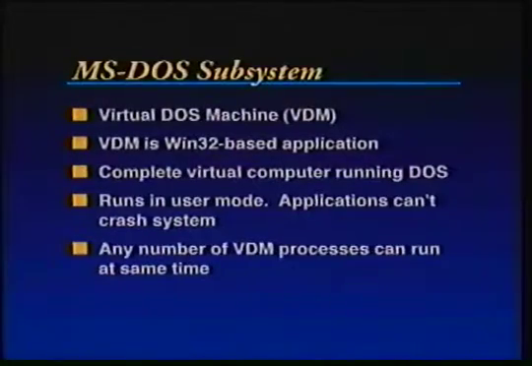Applications are running in user mode, which means that even though the DOS application itself may think that it's going out and physically accessing physical hardware or software, it's not actually doing that. It's going through software itself. And again, you can have any number of VDM processes running at the same time. So in fact, by opening up separate console windows and starting separate DOS machines, in effect, you're getting a pseudo multitasking MS-DOS operating system.